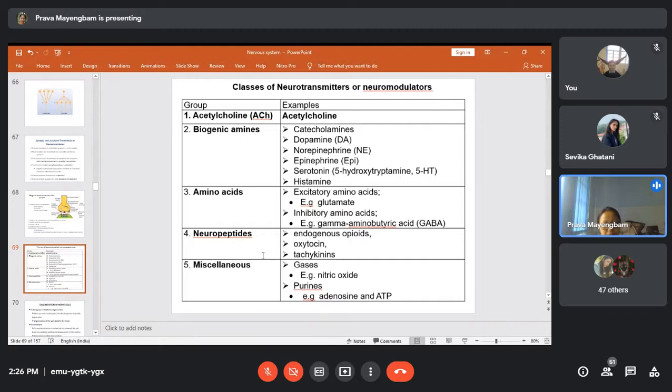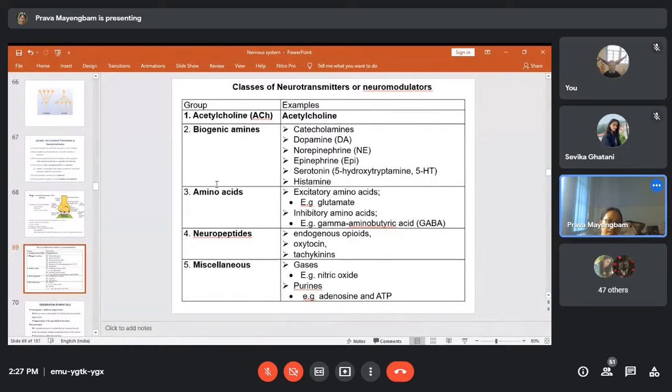So there is no hard and fast rule for classification of neurotransmitters, but the examples should be correct. Whichever form you follow, there is no problem. In some other books, there will be a different way of classification. You can follow any one, but when you classify them, their examples should fit into that category.